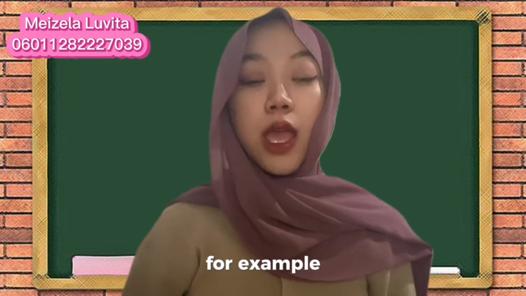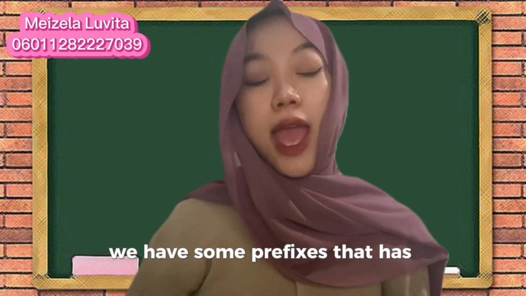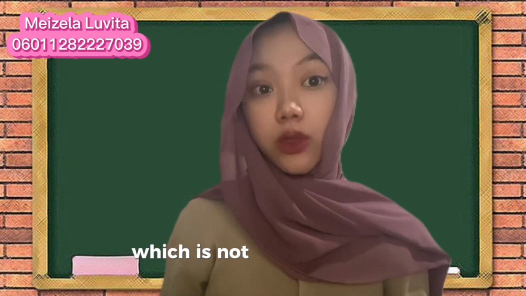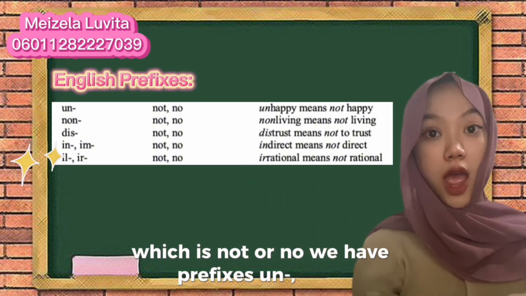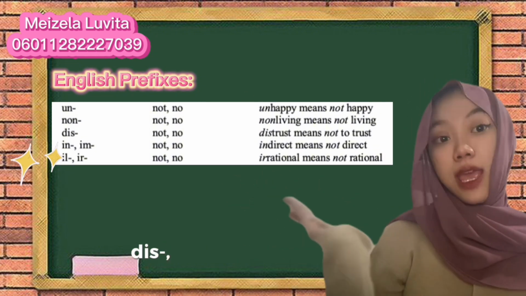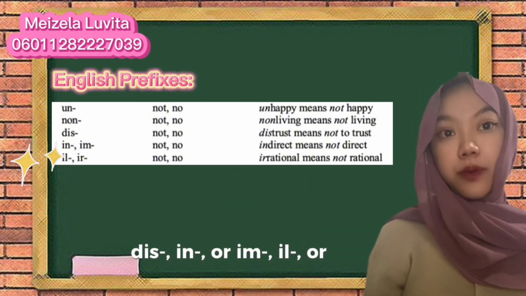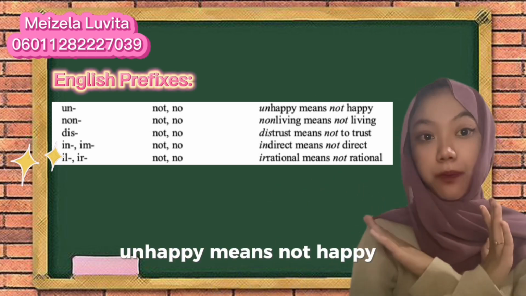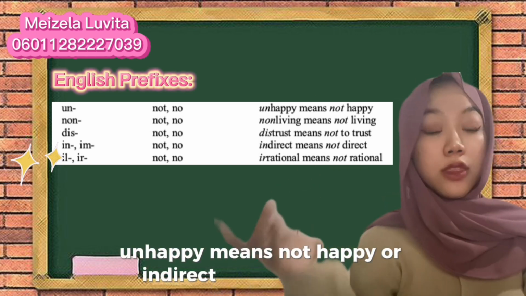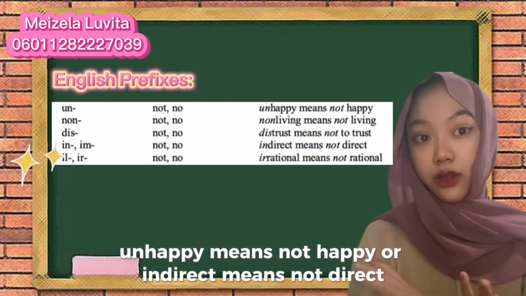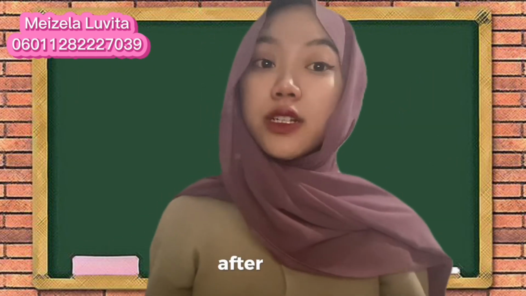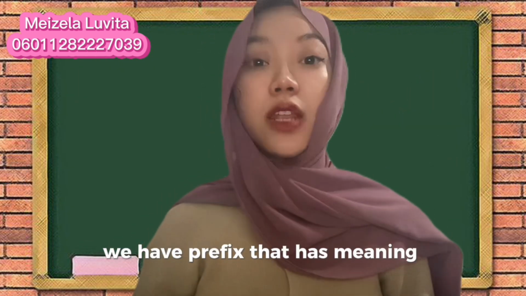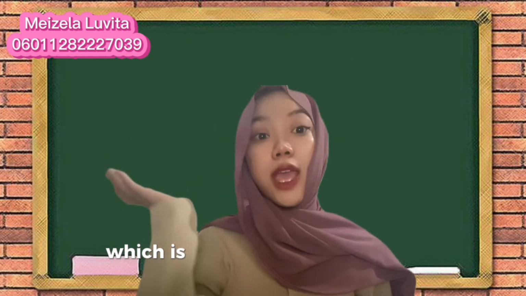For example, we have some prefixes that have the same meaning, which is not or no: un, non, dis, in, im, ill, or ir. For example, unhappy means not happy, or indirect means not direct. After that, we have a prefix that means not or without, which is a.